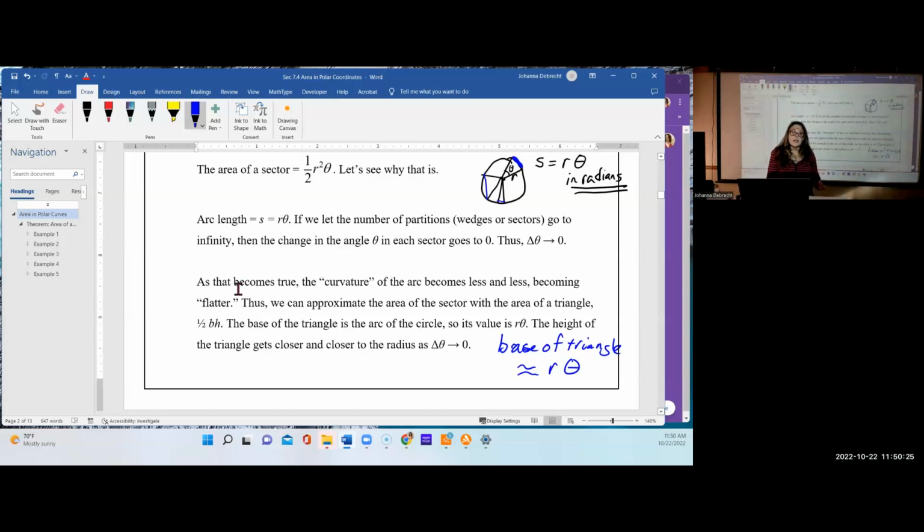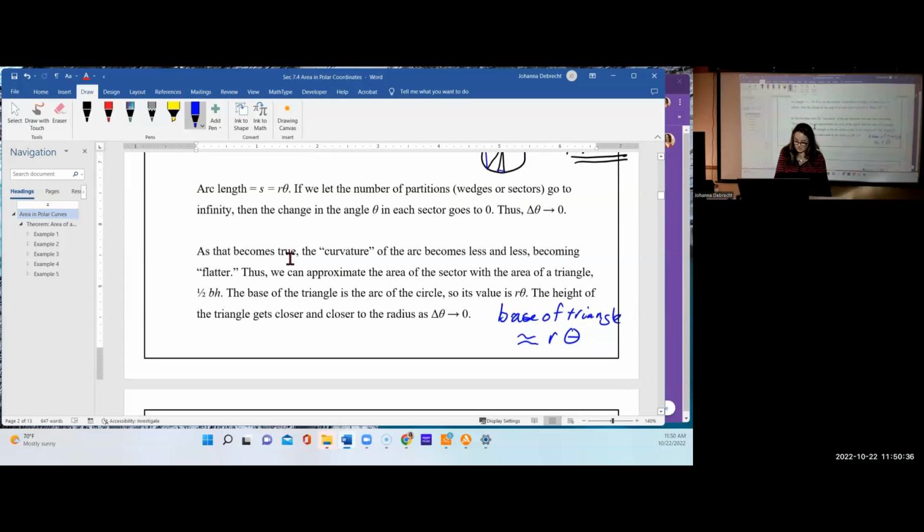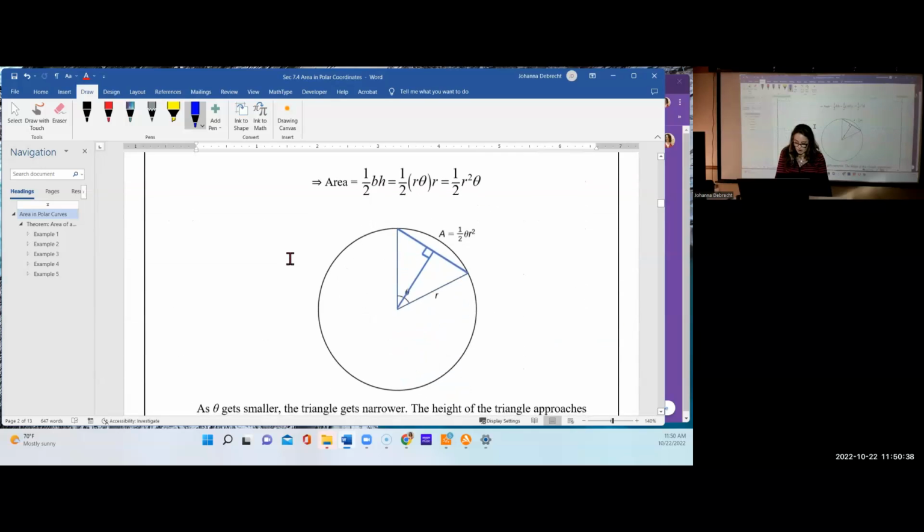All right, now the area of a triangle is 1/2 the base times the height. So now we need to form something about the height. So we know already that the base can be approximated with r theta. So let me mark that over here on this one. Actually, that's probably a little wide for our purposes.